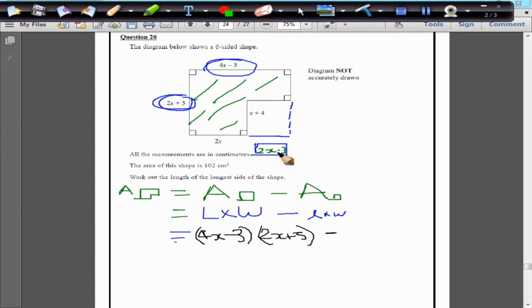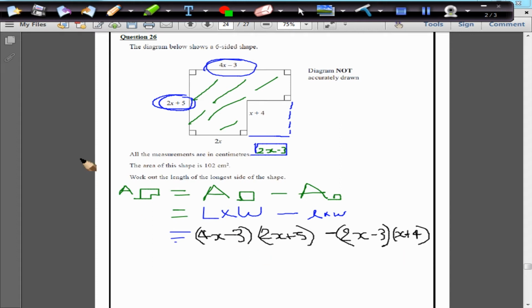Then we minus the length and the width of the small one. The length here is 2x minus 3, and the width is x plus 4. So 2x minus 3 times by x plus 4.